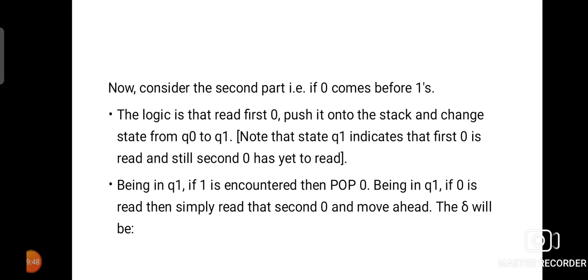Then from the state q1, if 1 is encountered, we pop 0 from the stack. So from the state q1, if the input symbol 1 is consumed, the 0 from the top of the stack will be popped. And again from the state q1, if 0 is read, it simply reads that second 0 and moves ahead; nothing else happens. It will consume the second 0.